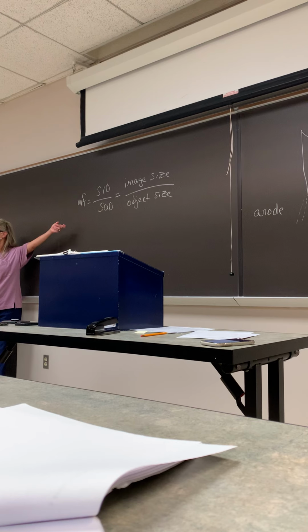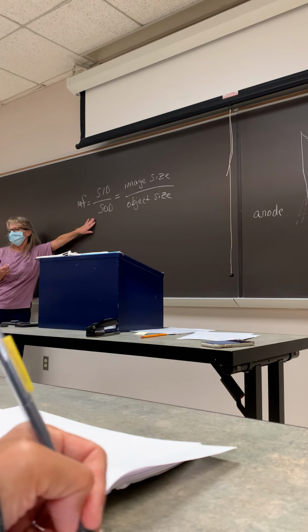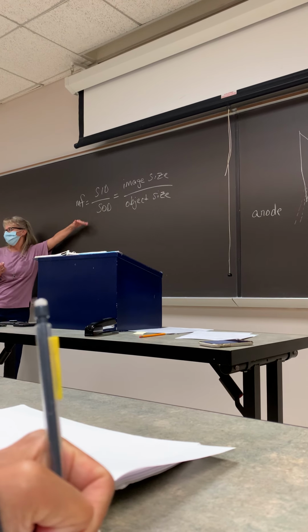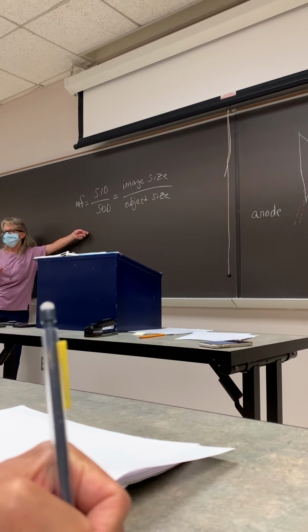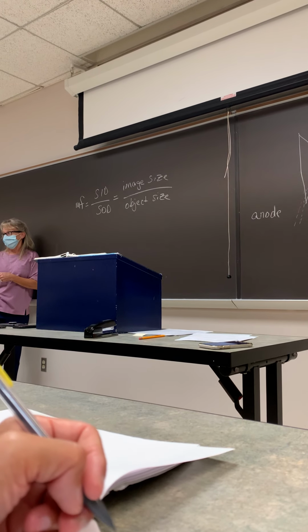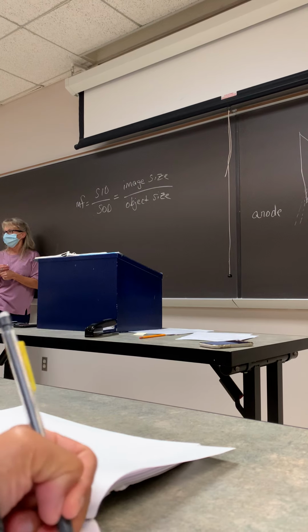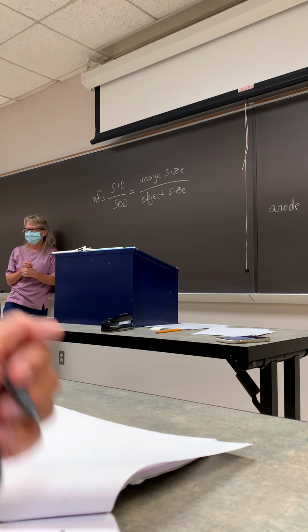What's SOD? Good. How would you get this if they didn't say the source to object distance is blah? How do you find source to object distance? OID is one.